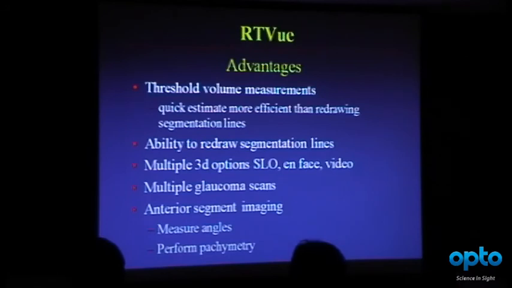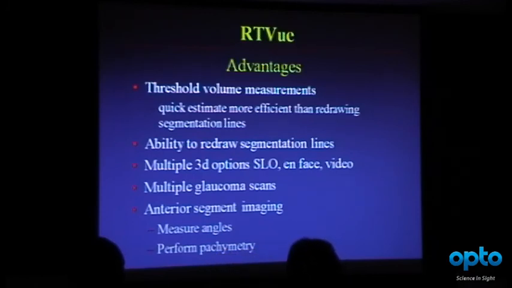Threshold volume measurements. If you want to see how much of the retina is thickened above a certain level that you choose, suppose it's 300 microns, the machine will automatically give you a color map to show what part of the retina is above 300 microns.